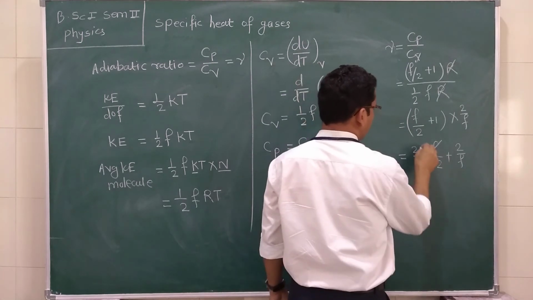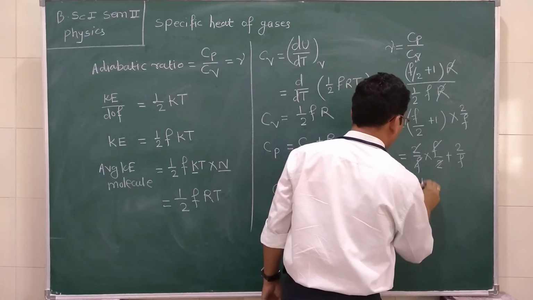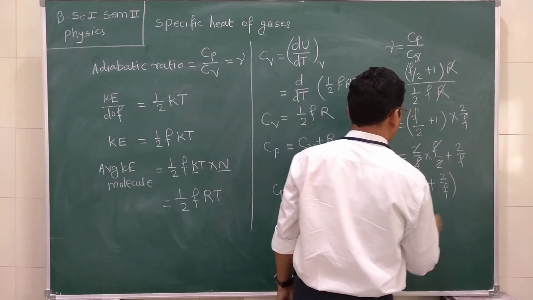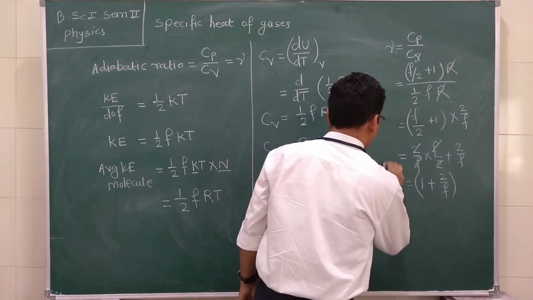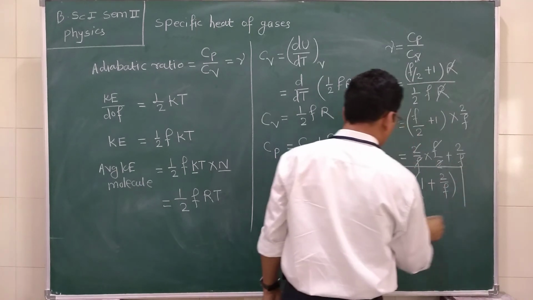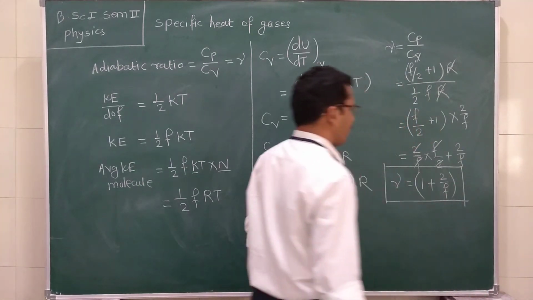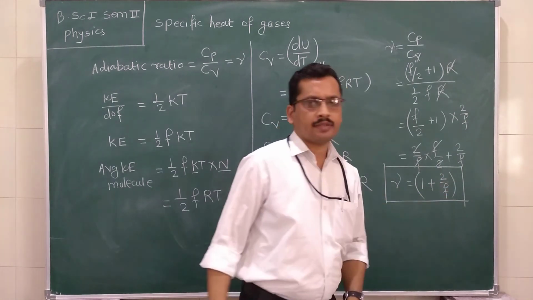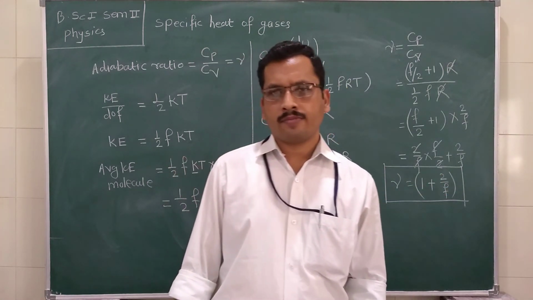This f gets cancelled, this 2 gets cancelled, so there remains 1 plus 2 by f. So this is the adiabatic ratio, Cp upon Cv, which is equal to 1 plus 2 by f, where f is nothing but the degrees of freedom.